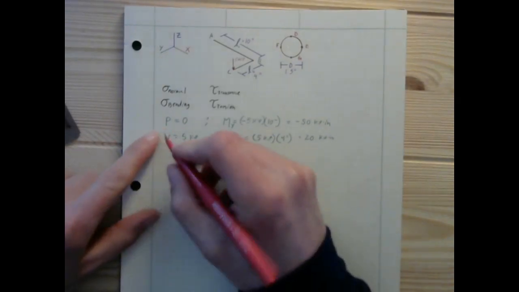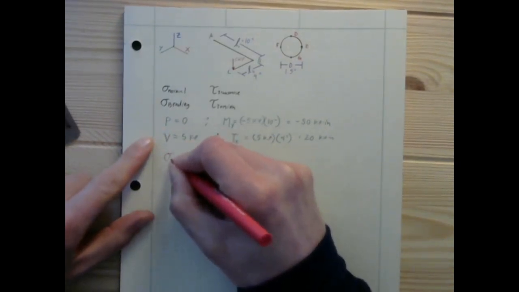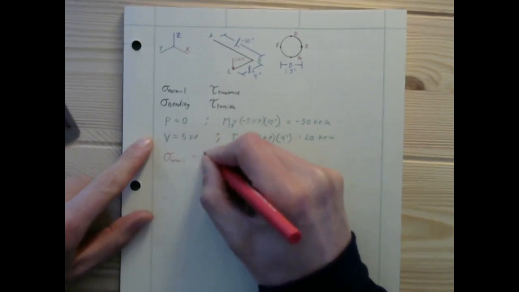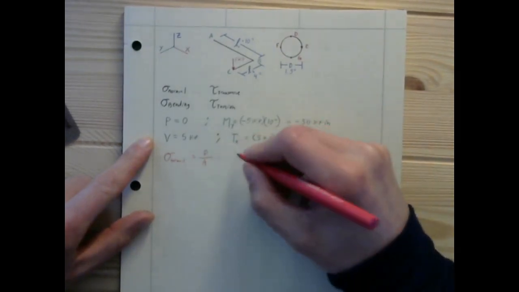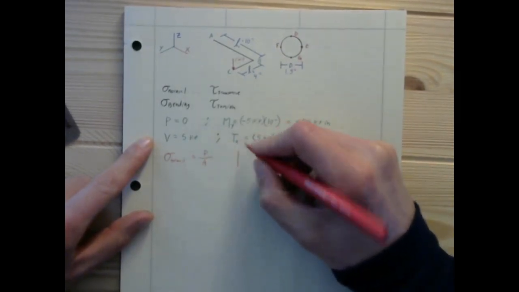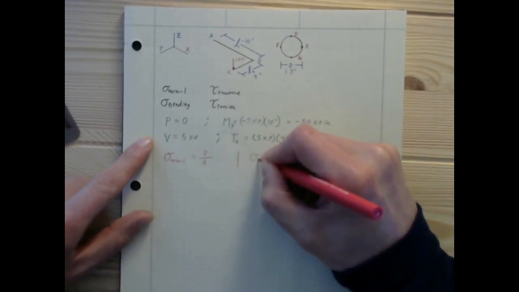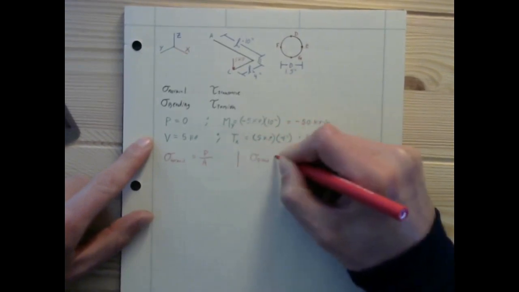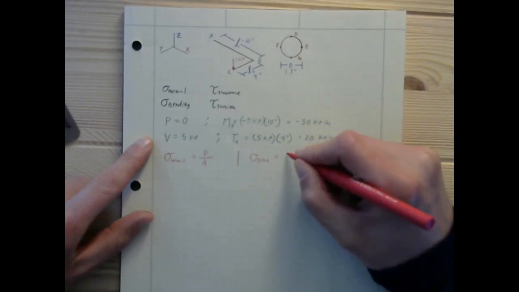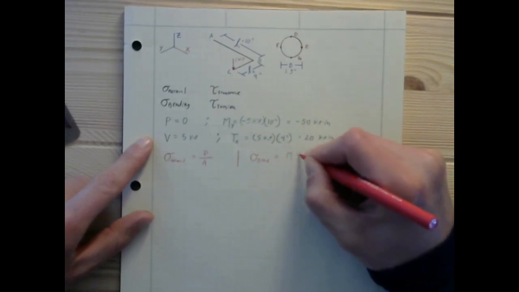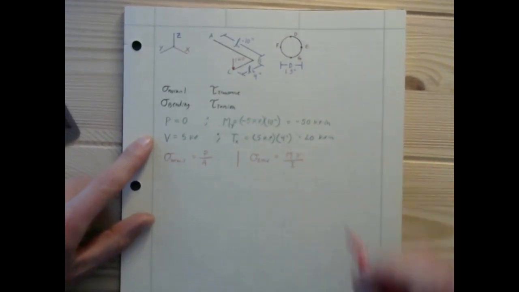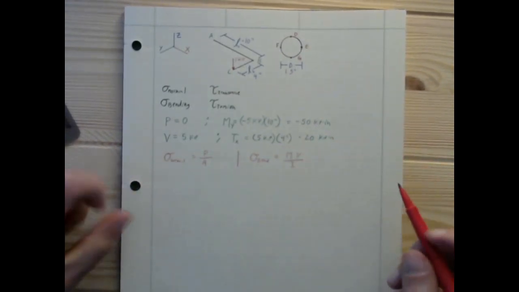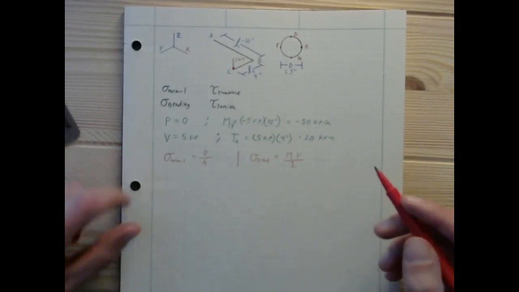One for normal stress, which is P over A. One for our bending stress, My over I, the moment times the distance from the neutral axis, divided by the second moment.